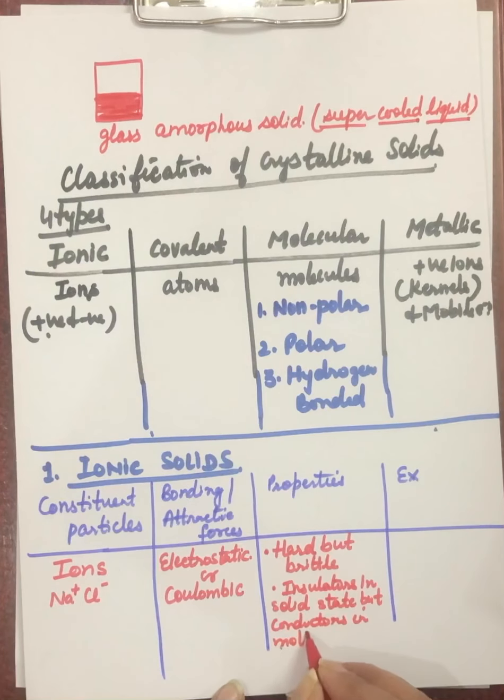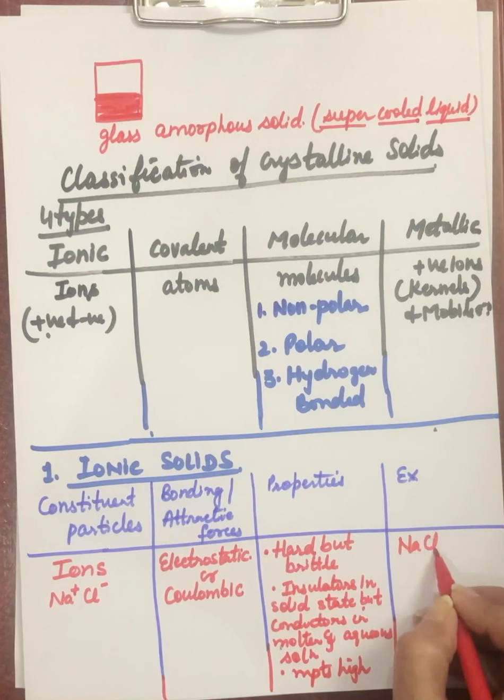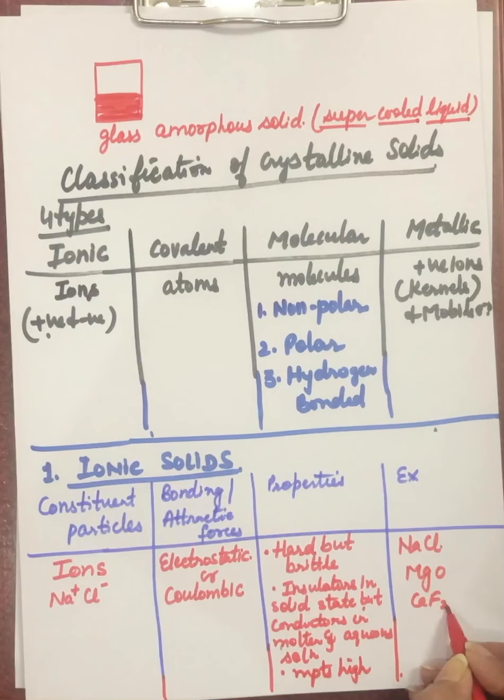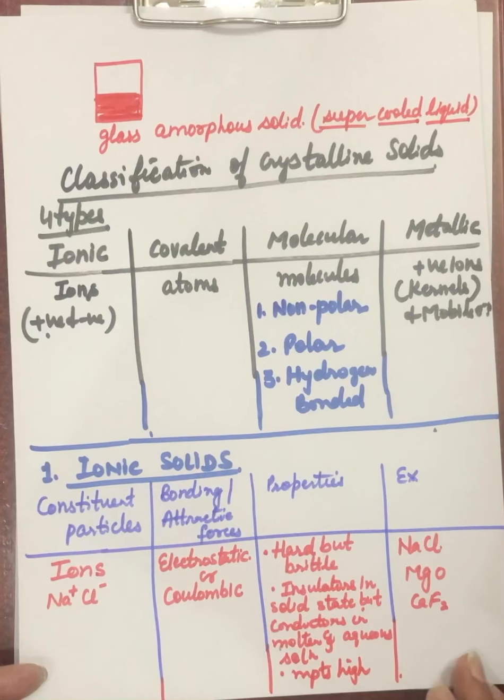Since the bonding is very strong, the melting points are very high. Examples: NaCl, MgO, CaF2 are examples of ionic solids.